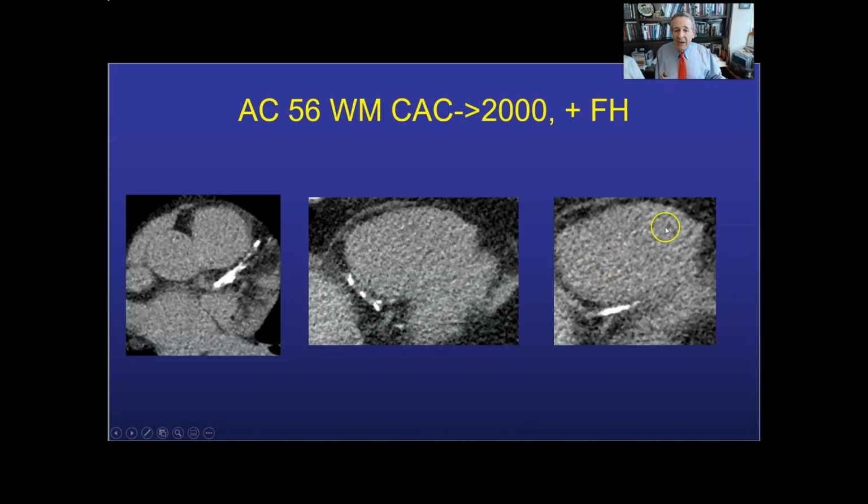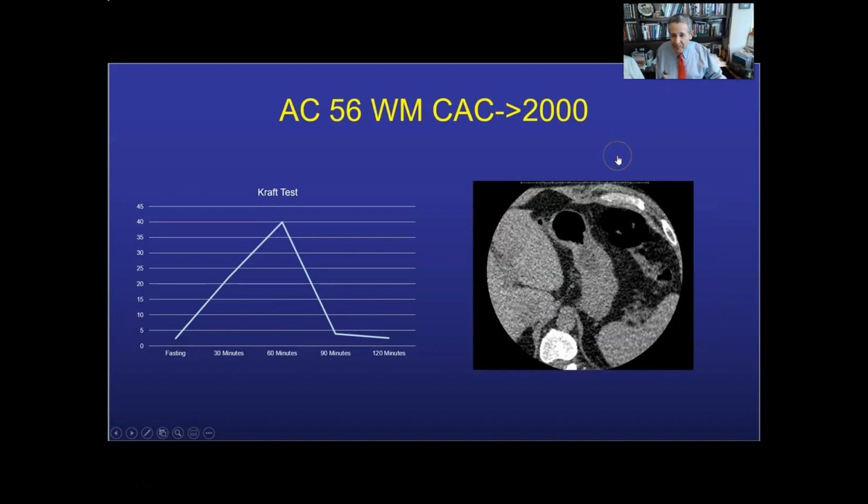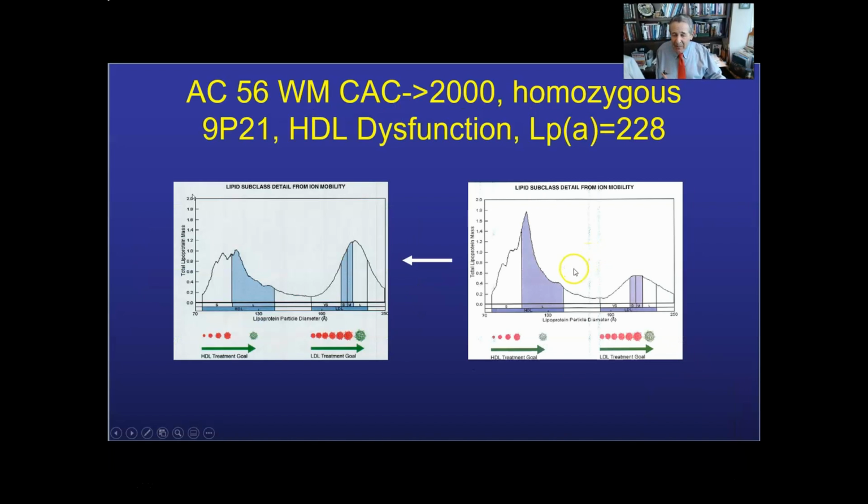Now, quickly, just another type of patient who is not pre-diabetic. A 56-year-old with a calcium score of greater than 2,000, loaded with plaque, family history of coronary disease. Kraft test, not too bad, a little visceral fat, but not much.